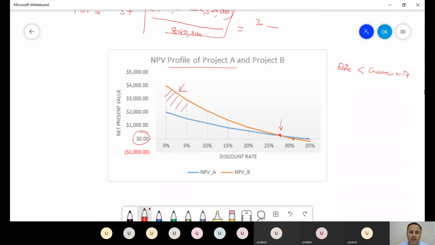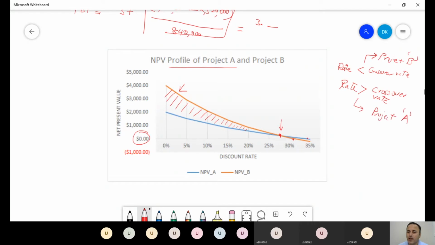Why? Because below the crossover rate, it is creating a larger NPV for project B compared to project A. But if the rate is greater than the crossover rate, in the first one project B was acceptable, and in this situation, project A.